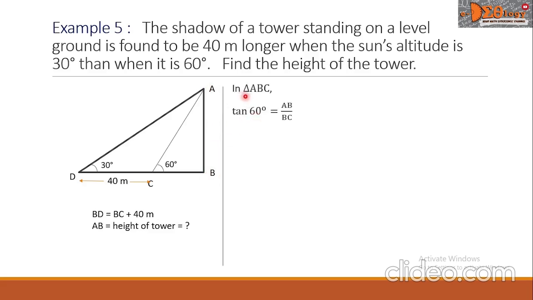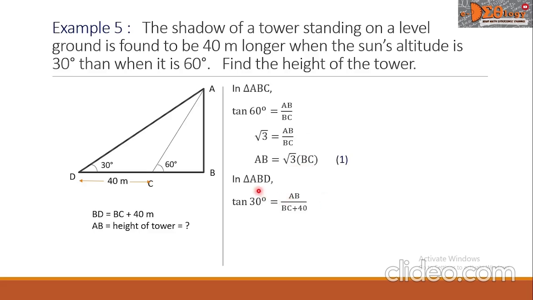Look here that in triangle ABC, the tangent 60 degrees equals opposite over adjacent. That is AB over BC. When we substitute the value for this tangent 60 degrees, that is square root of 3. When we cross multiply, we will get the value of AB, and that will be square root of 3 times the length BC. This is equation 1.